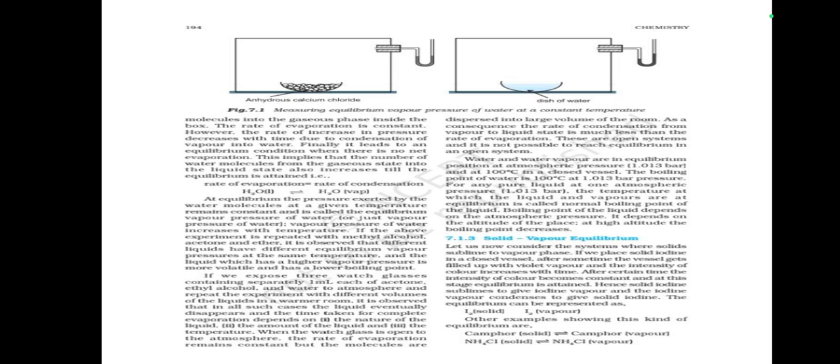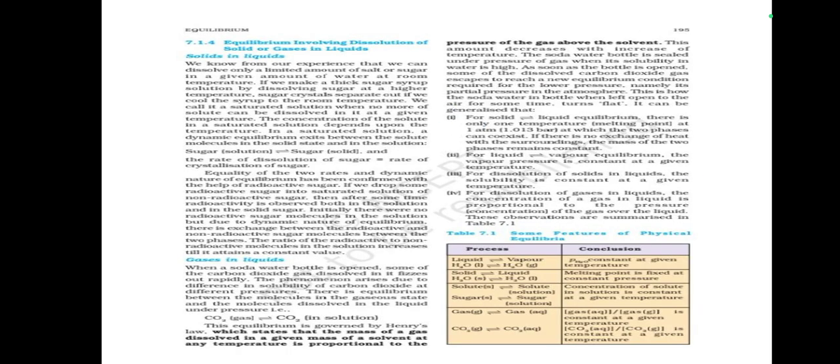Hence solid iodine sublimes to give iodine vapor, and the iodine vapor condenses to give solid iodine. Now the equilibrium can be represented as solid iodine and iodine vapor. Other examples showing this kind of equilibrium are camphor solid to camphor vapor, and NH4Cl solid to NH4Cl vapor.